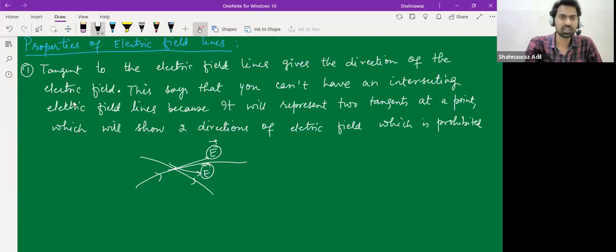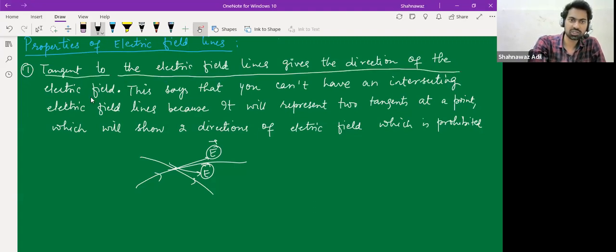So this tangent prohibits that you have two intersecting electric field lines. Understood, guys? Yes, sir. So this is the first property, which prohibits two intersecting electric field lines. Okay, so just note this.